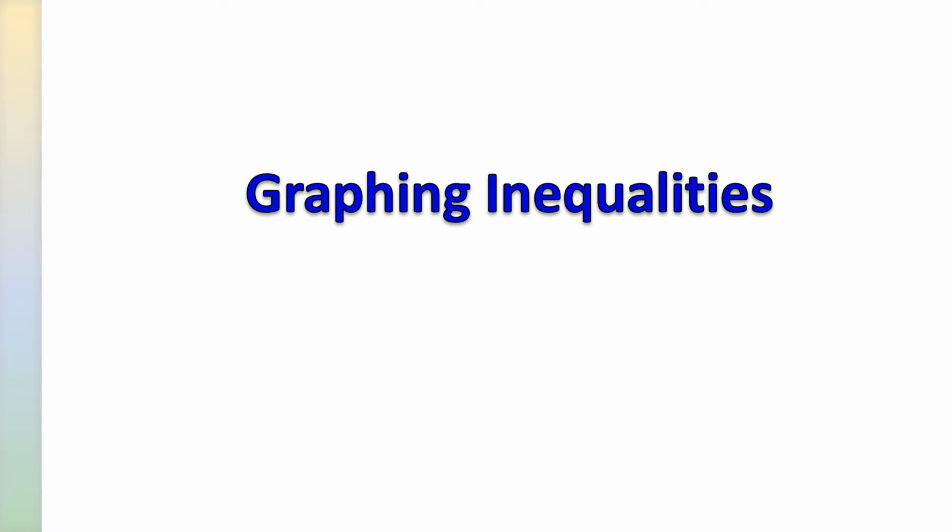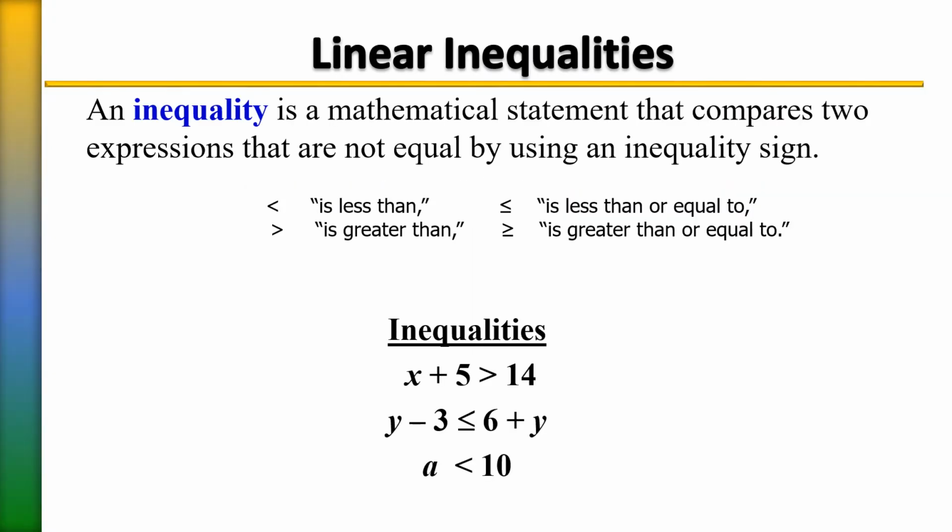Graphing inequalities. An inequality is a mathematical statement that compares two expressions that are not equal by using an inequality symbol. This is a less than symbol. Next, you have a greater than symbol.